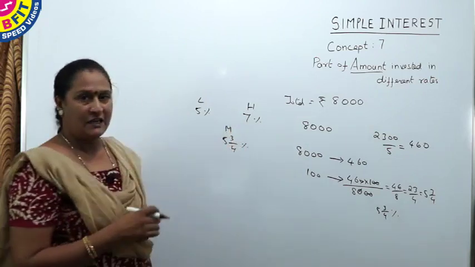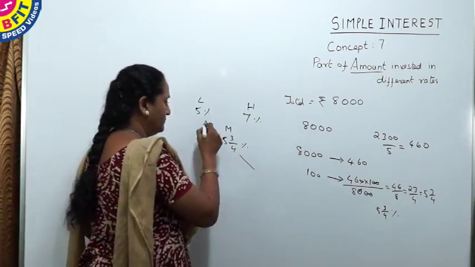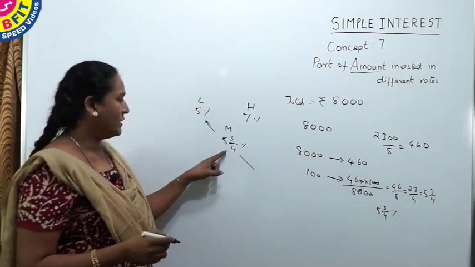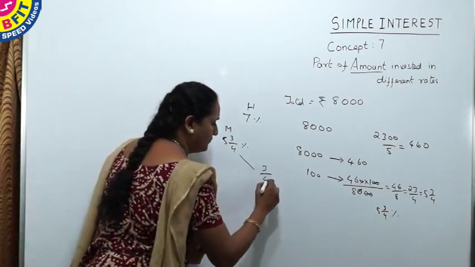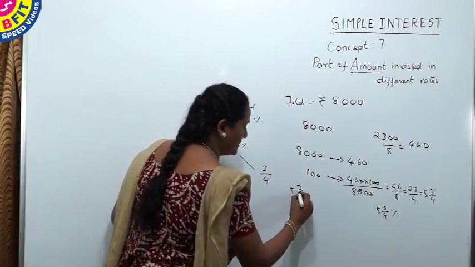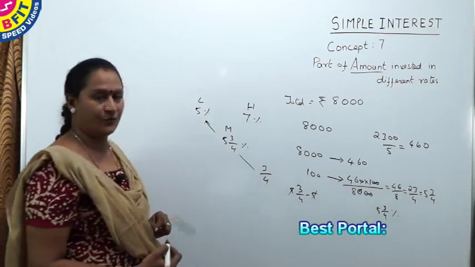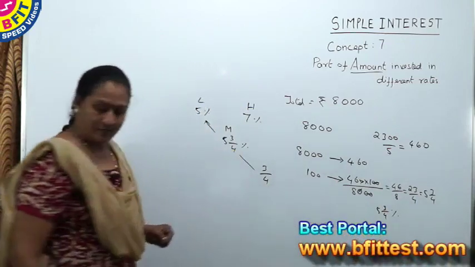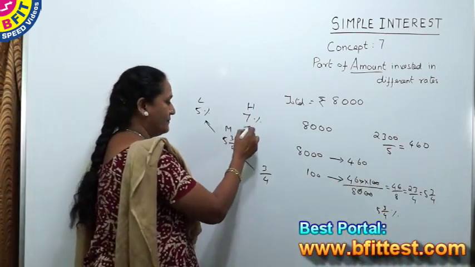So now using the alligation process, that is by subtracting, subtract the lowest value from the median. 5 3 by 4 minus 5, when you subtract, you get 3 by 4. Working with mixed fractions will be very easy. And now subtract the median from the highest.